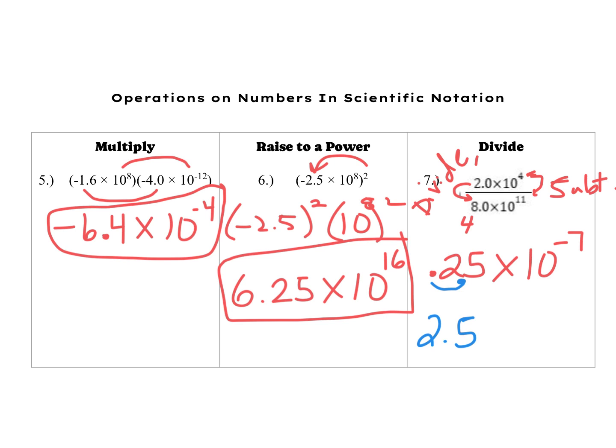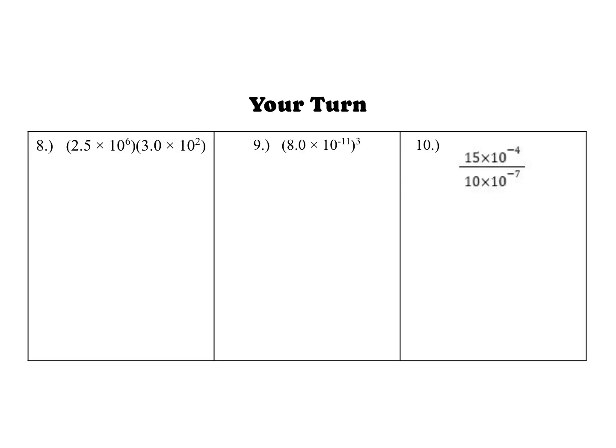And because that's going to be 2.5 times 10 to the -1st, we're combining -7 and -1, leaving me with 10 to the -8th. If you want, you can go to Desmos and type these problems in, and a lot of times Desmos will give you the answer in scientific notation, so you can double check to see if they're correct. Now take a look at the next 3 problems.